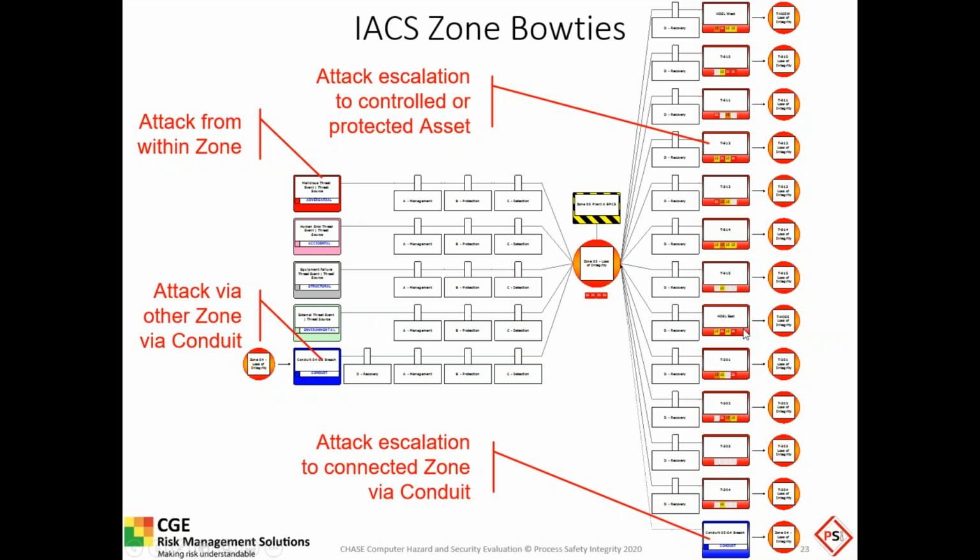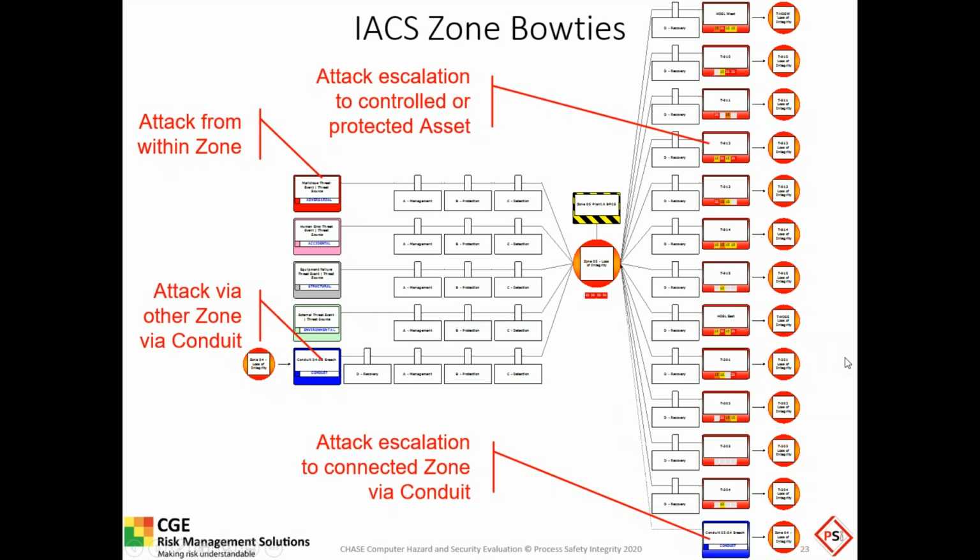The potential consequences, the major accident, essential services, environmental, reputation, etc., can be scored on the diagrams, and those scores can then be aggregated to show the worst case outcome of a breach of that logical asset based on its potential outcome on these physical assets.